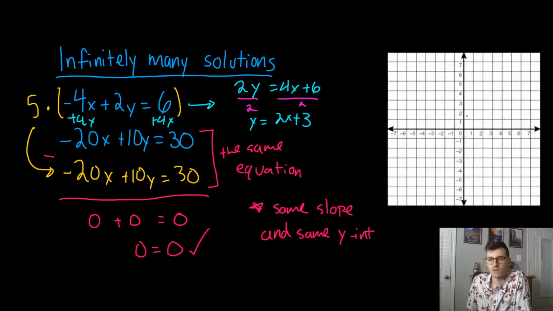So graphing that, 2x plus 3: up 2 over 1, and we get something like that.